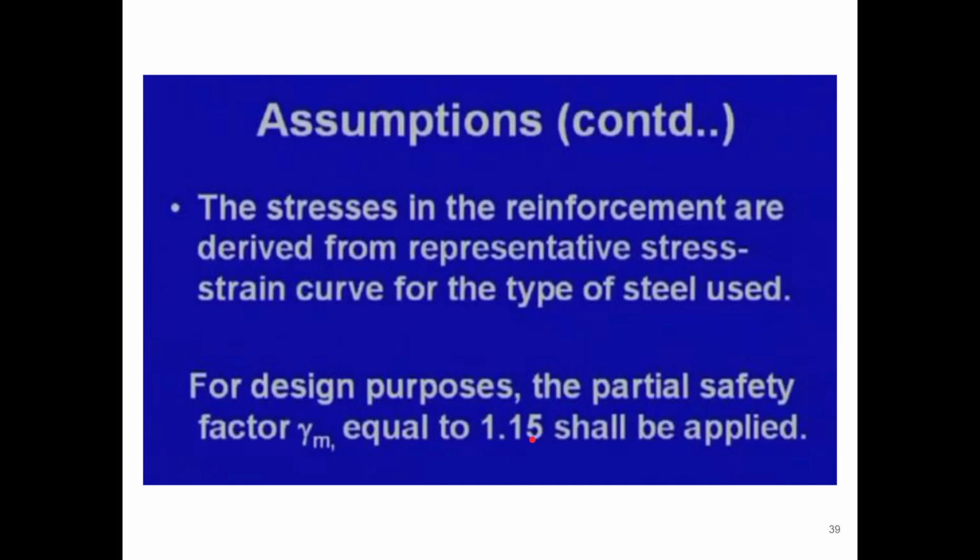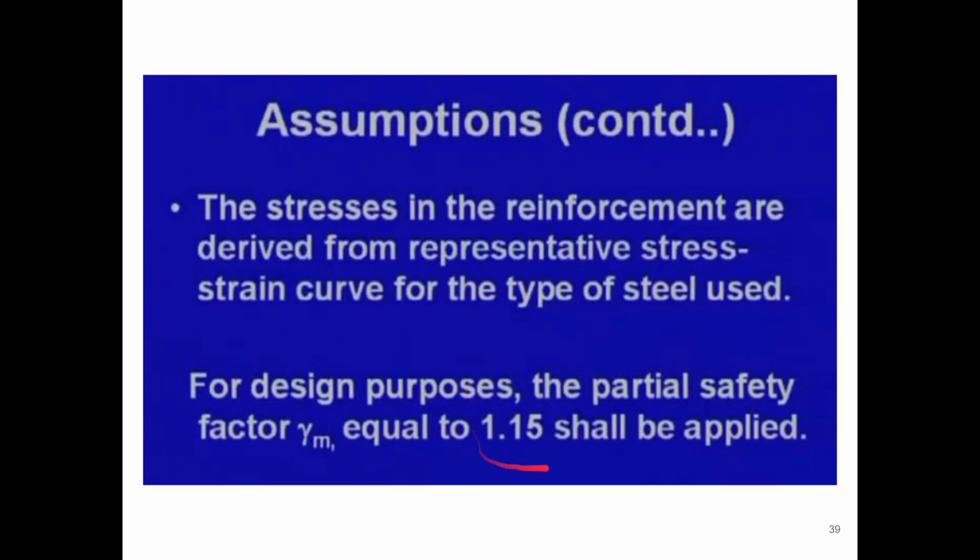As we discussed last time, these combinations and safety factors come into the picture, for load as well as material. Mainly for the limit state we take partial factors, and for the working stress method we take the full factor. If you remember, in the working stress method the factor of safety was 1.8.